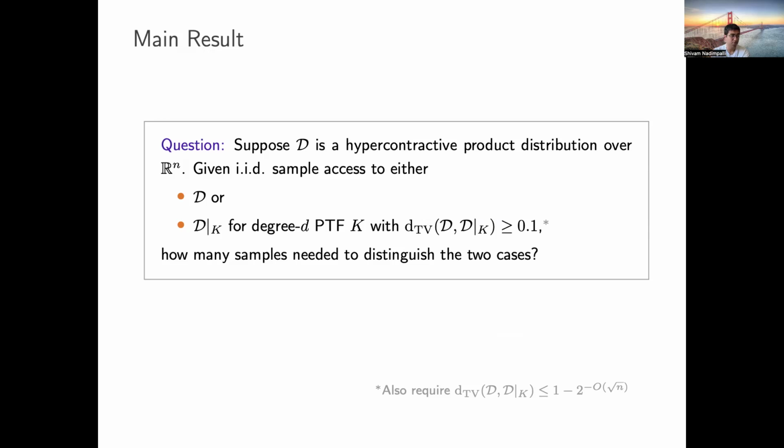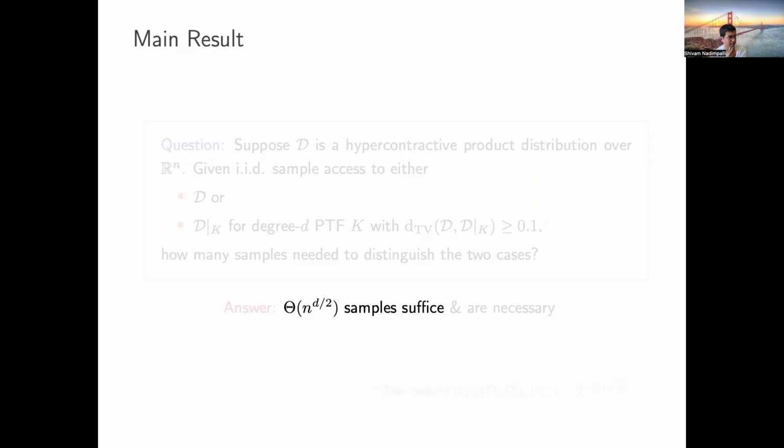But our answer to this question is that n to the d over 2 samples are both sufficient and necessary to solve this question. And our algorithm is, again, computationally efficient. Let me say one quick sentence about this upper bound before I give you a sketch.